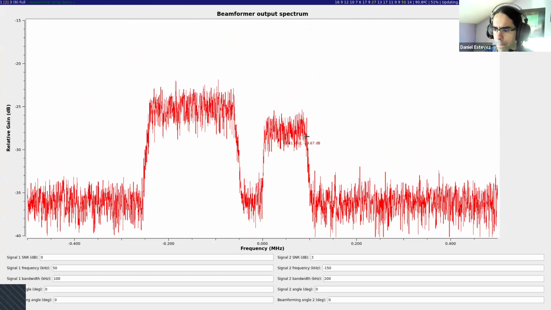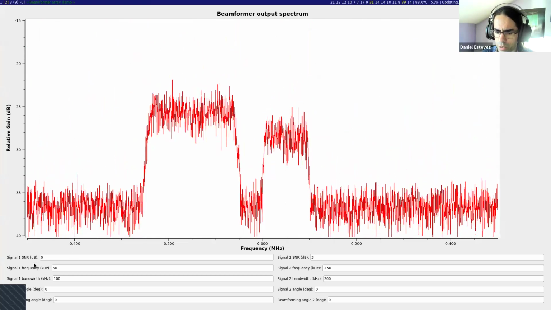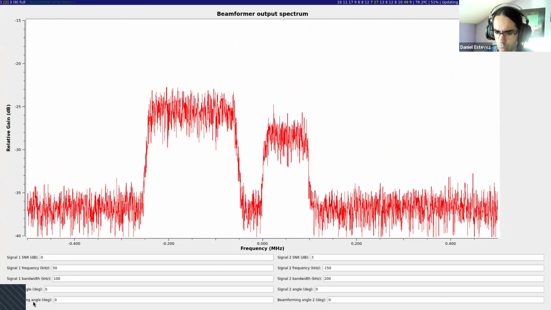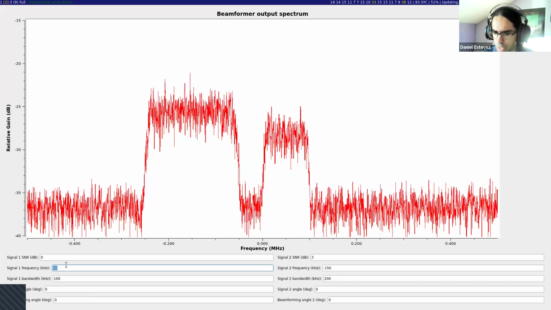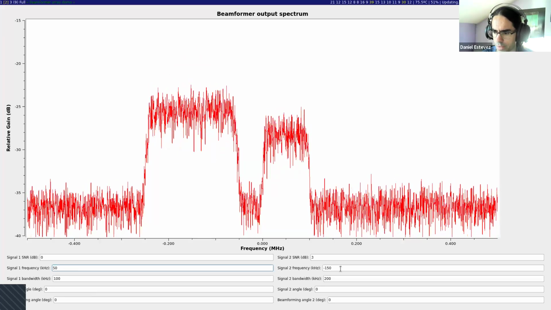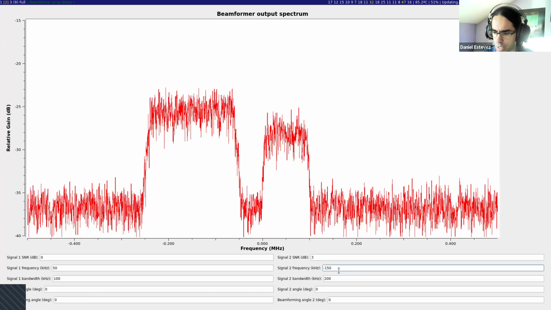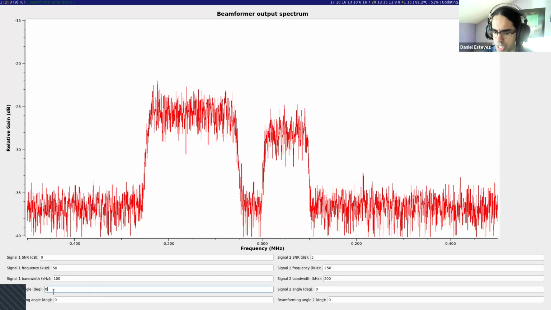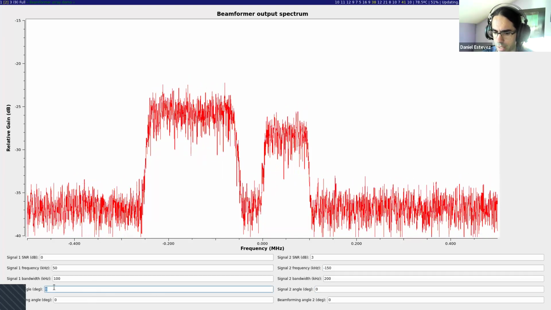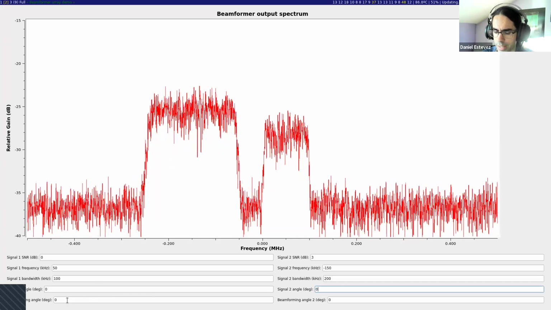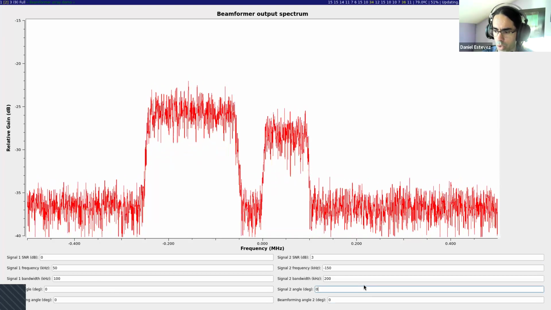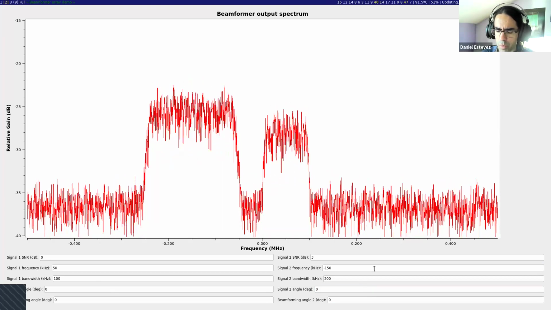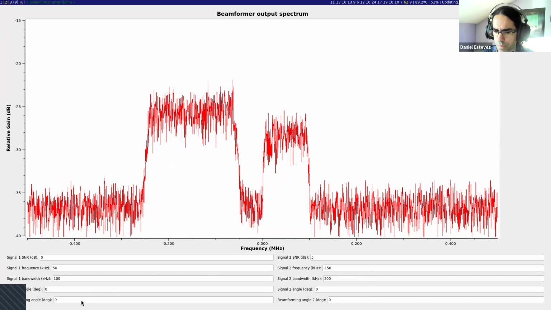At the moment, we can see the parameters of the 2 signals here. Signal 1, I think this is the one here because it's at 50 kilohertz. Signal 2 is the one on the left at -150 kilohertz. They are coming in from the same direction, so they have angle 0 degrees, and our 2 beamformers have beamforming angle 0. So they are generating the same output because they are doing the same calculations.